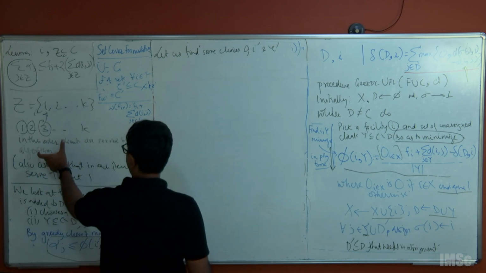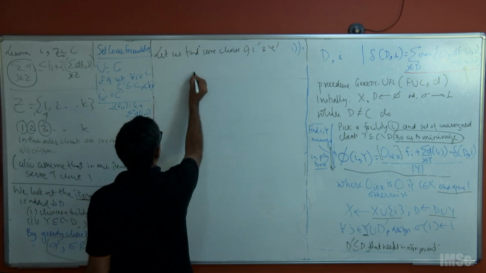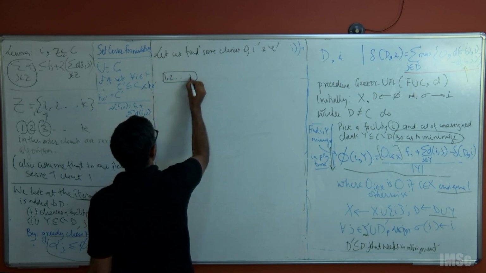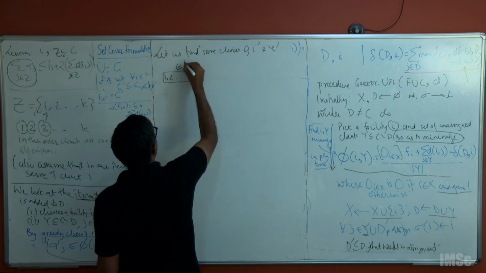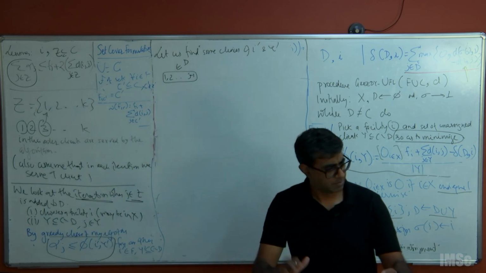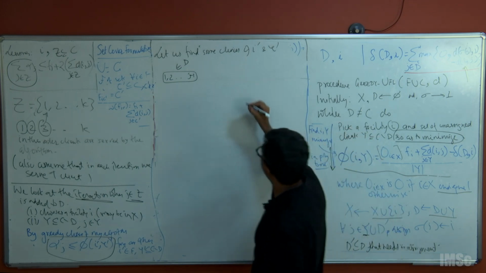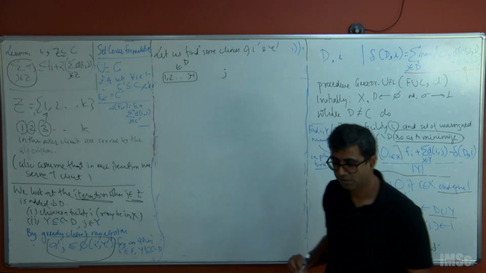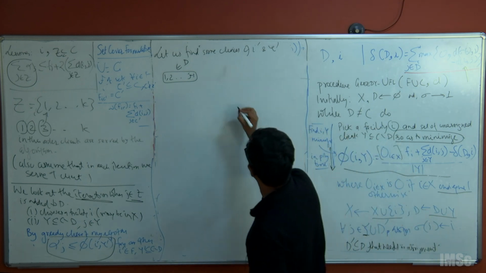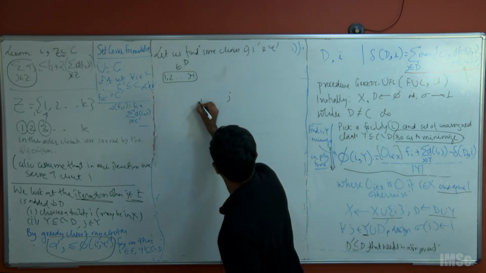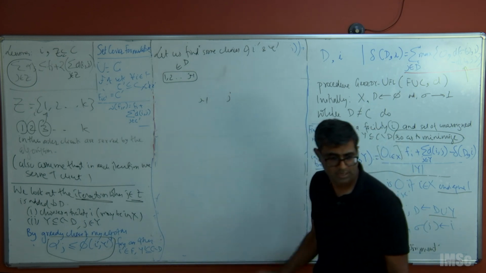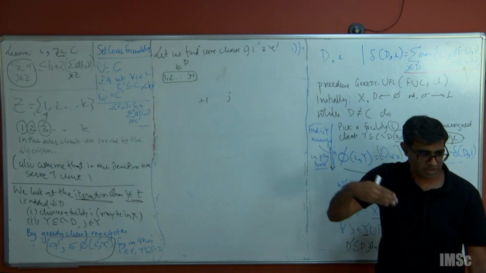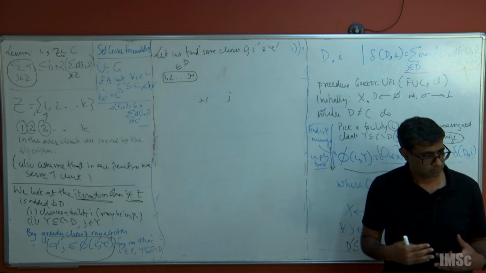So let's try to understand what has happened in this algorithm. Imagine that elements 1, 2, up to j minus 1 are already present in D. You are making a choice for the jth element. The last element that went inside D from Z is j minus 1, and j is going now.